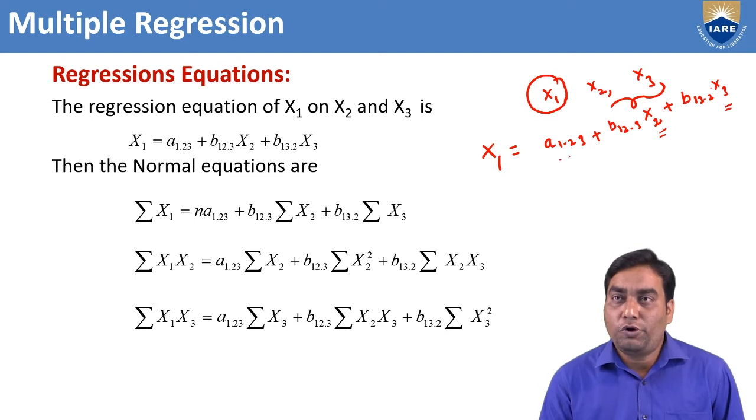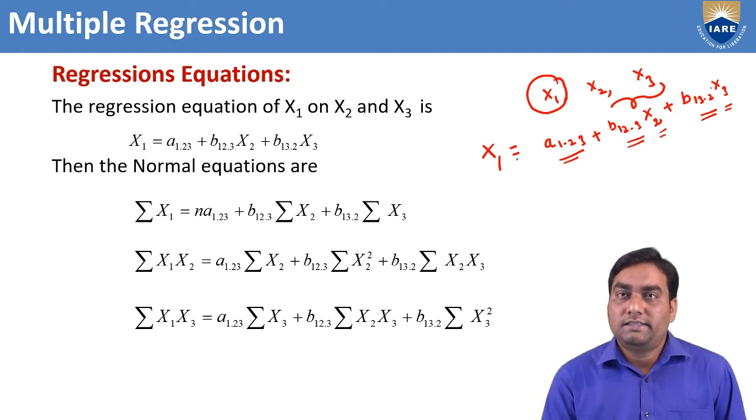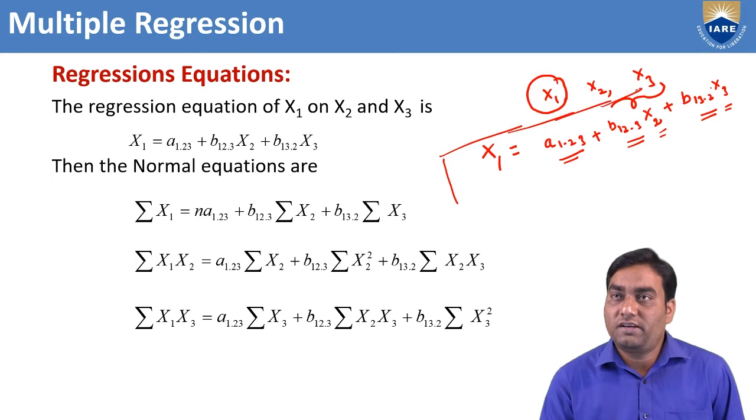So a 1.23, b 12.3 and b 13.2 are the constants. This is called the regression equation of x1 on x2 and x3.